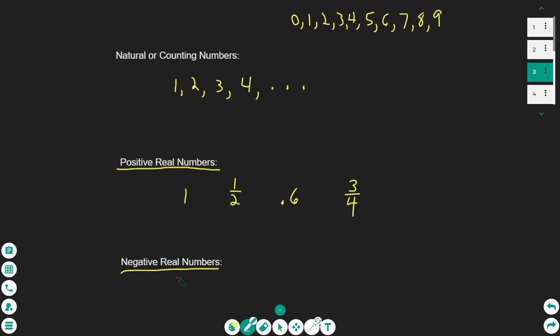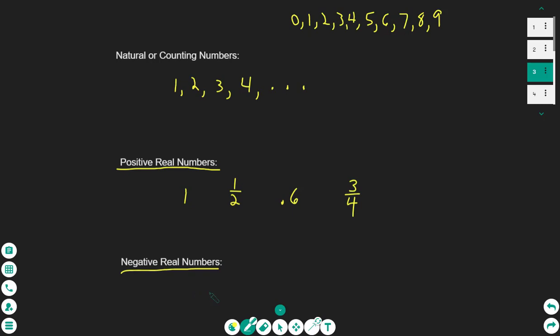All right, so negative numbers do have some very important uses, but they are a little bit hard to imagine in real life. What exactly does a negative number look like? Could you have negative of something? And the best way to think of it is just thinking of negative numbers as numbers that you might owe.